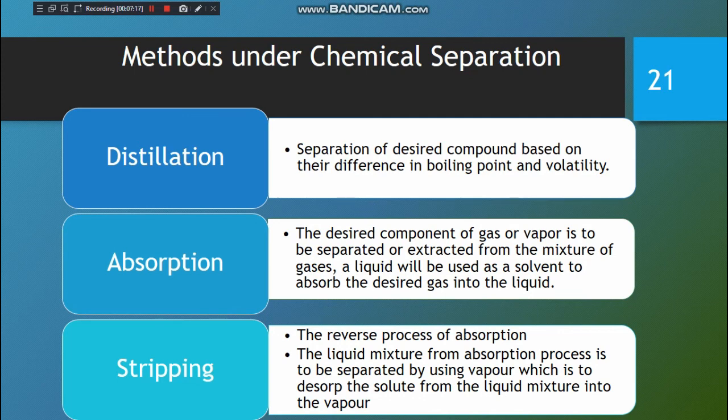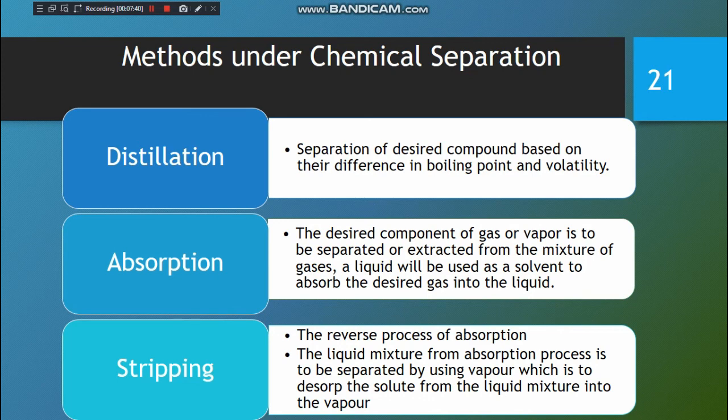So in that case, the summary of the definition of gas absorption is that the desired component in the gas is to be separated by using a suitable liquid solvent based on its solubility to enhance the gas absorption process.